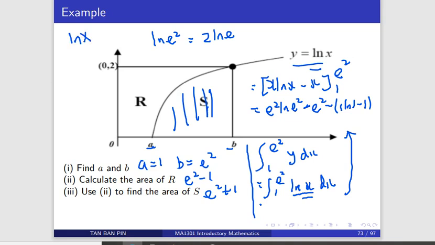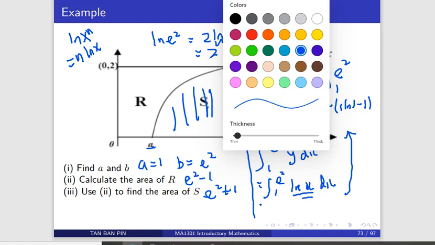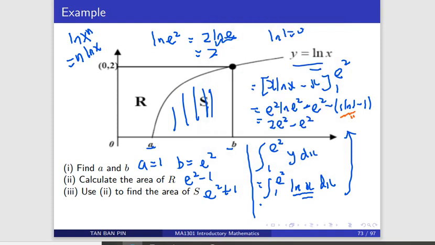Remember, ln x power n is n ln x. So you can bring the 2 down. ln e is 1, so it gives you 2. So this will give you 2e squared minus e squared. ln 1 is 0, so this part is 0. Minus 1 gives you a plus 1. So you'll find that it still gives you e squared plus 1.